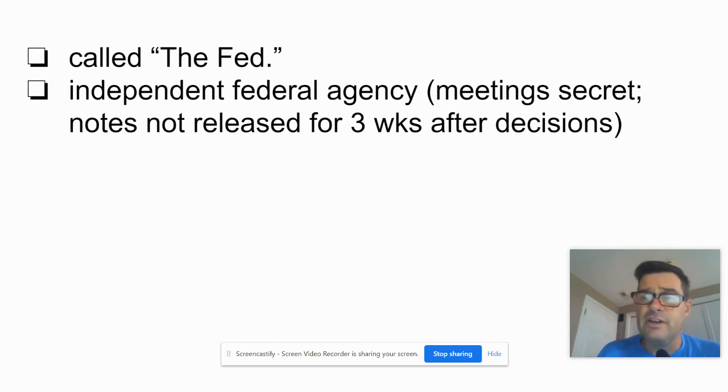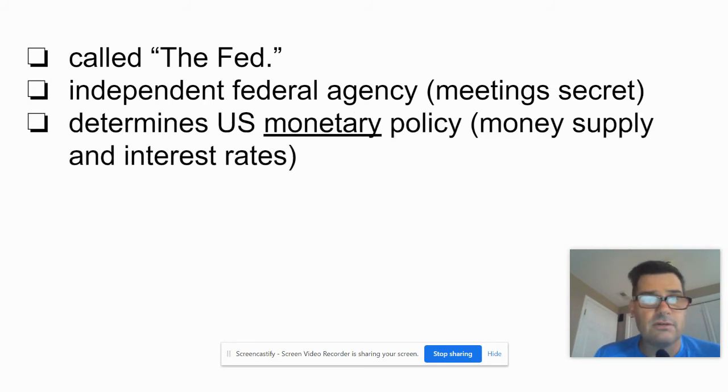The Fed is supposed to make its decisions in a nonpartisan way, not to help one political party or the other in the short term. So the meetings are secret and they release those notes later, so that there isn't an outcry about the decision they made, and no attempt to influence that decision, whether by the president or Congress.